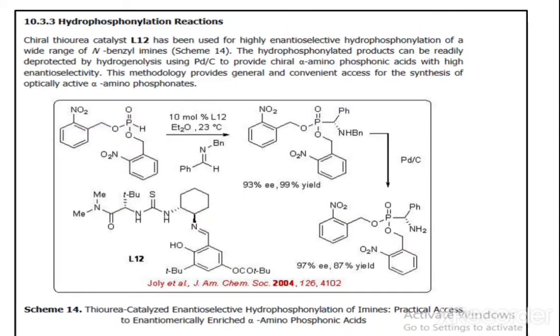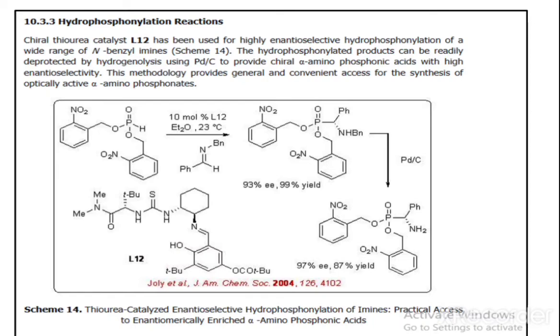Now the next one is the hydrophosphorylation reaction. Here in the hydrophosphorylation reaction, L12, this organocatalyst, is used, and it is a highly enantioselective hydrophosphorylation of a wide range of N-benzyl imines.